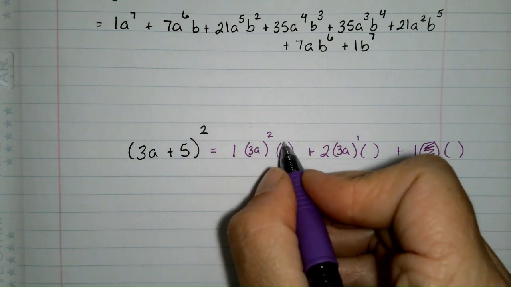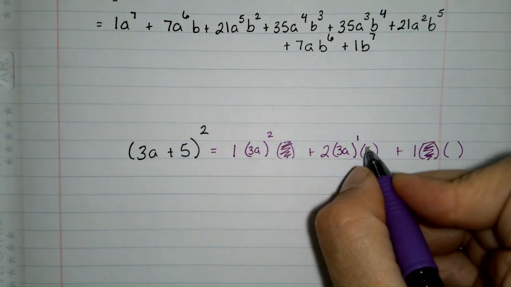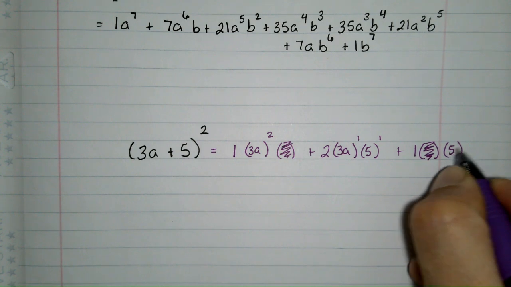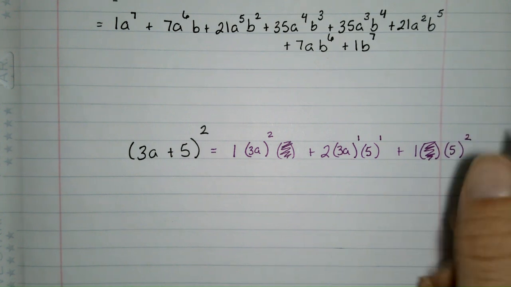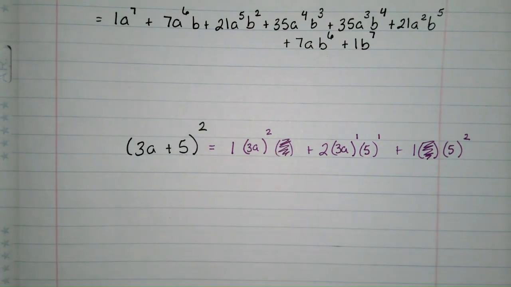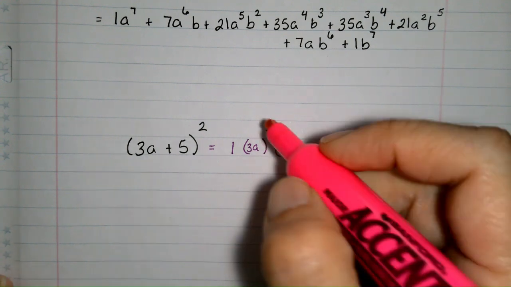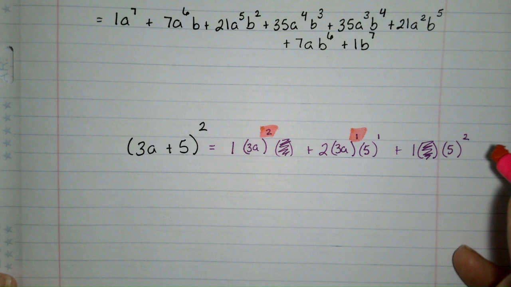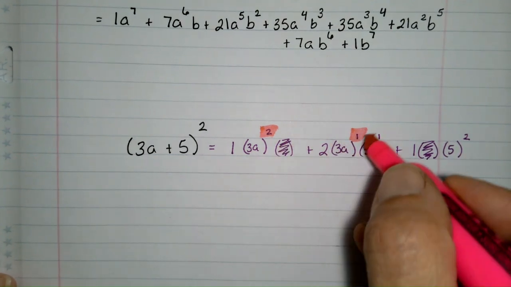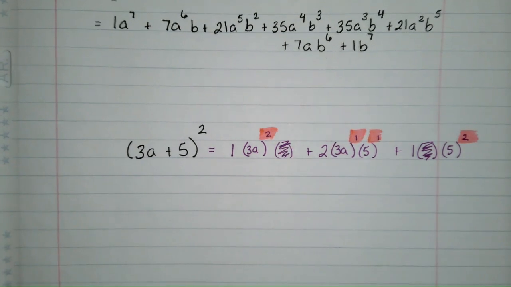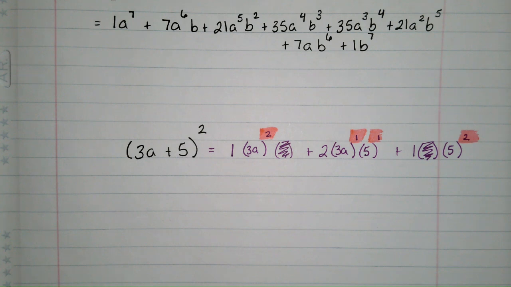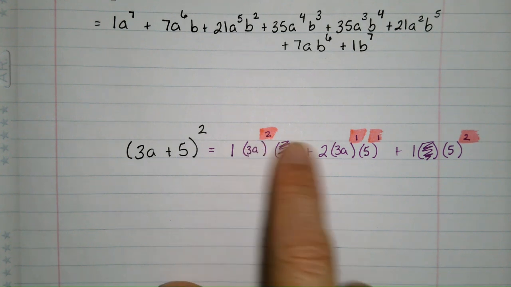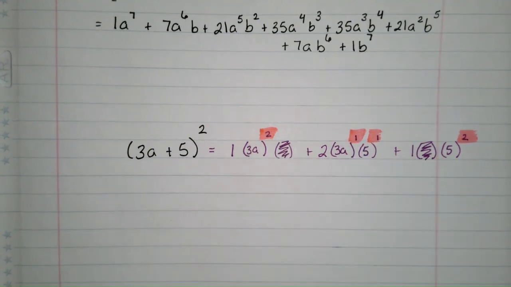Remember, in the beginning we don't use the second part at all, then we do it to the first power, and then we do it to the second power. So again, the first part goes 2, 1, gone, and the second one is gone, 1, 2. And 2 plus 0 is 2, 1 plus 1 is 2.